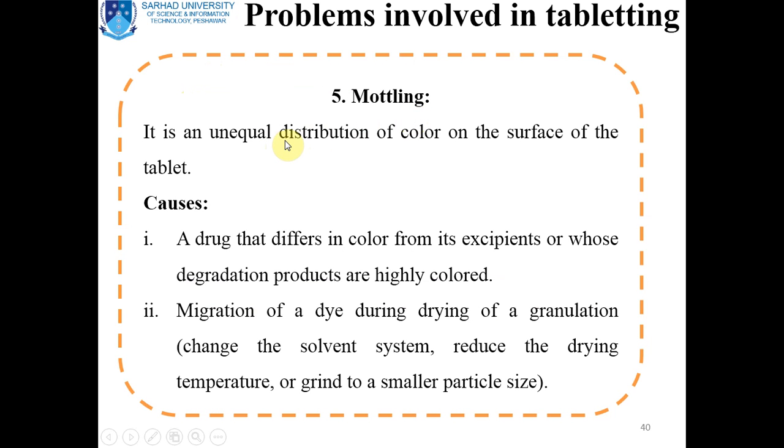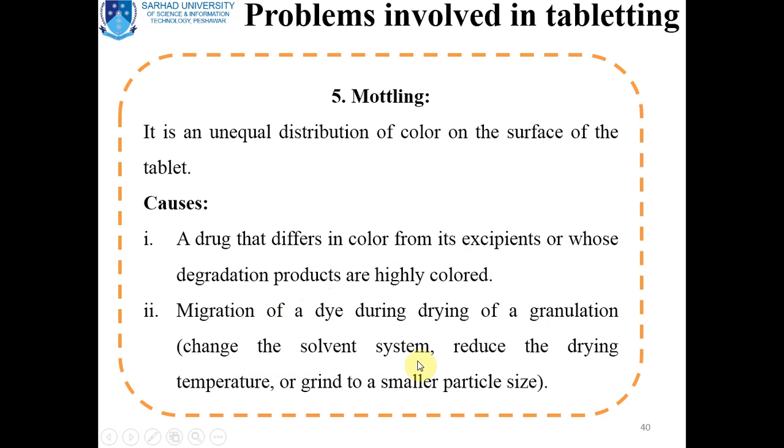Mottling is unequal distribution of color on the surface of the tablet, and different causes are responsible for mottling. One is a drug that differs in color from its excipient, or whose degradation products are highly colored. Another reason is migration of a dye during drying of a granulation.